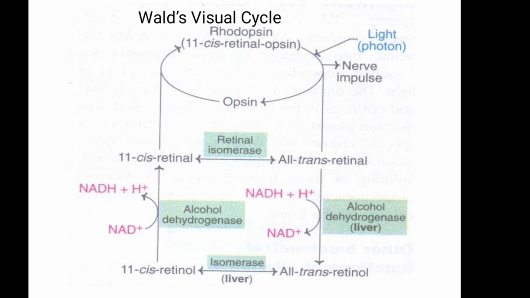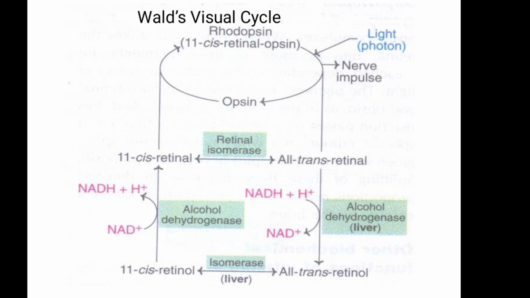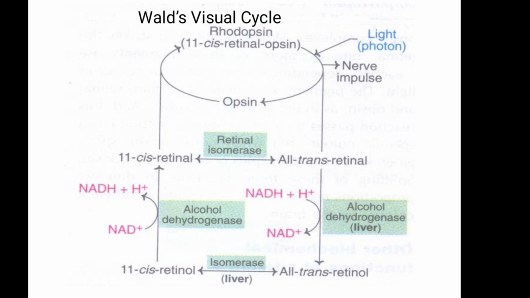So down, what happens in the liver? The conversion of all-trans retinol to 11-cis retinol, the first reaction you can see, is incomplete. So most of the all-trans retinol is transported to the liver and converted by alcohol dehydrogenase enzyme.